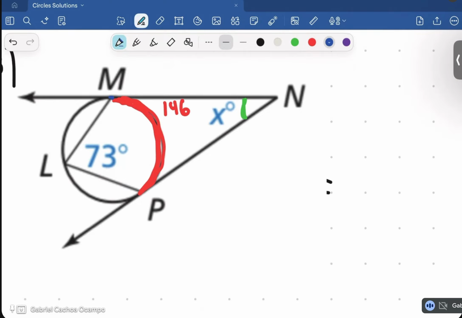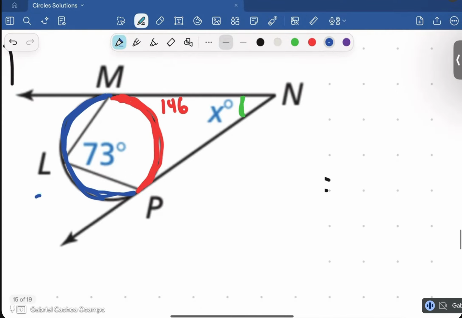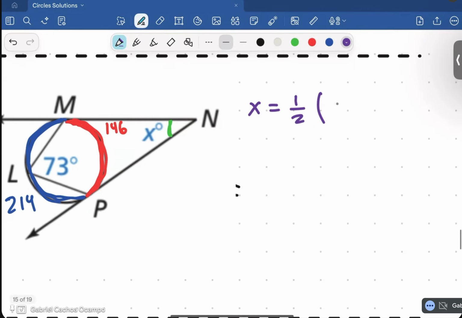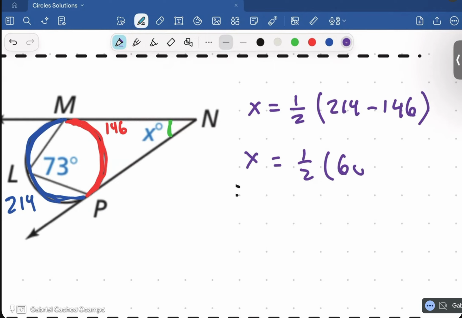And now for the major arc, we know that it is going to be 360 minus 146. So this is going to be 214. So my equation would be x equals 1/2, because it is outside, it's a minus, 214 minus 146. O sea, x is 1/2, and what is 214 minus 146? That is 68. O sea, x equals 34.